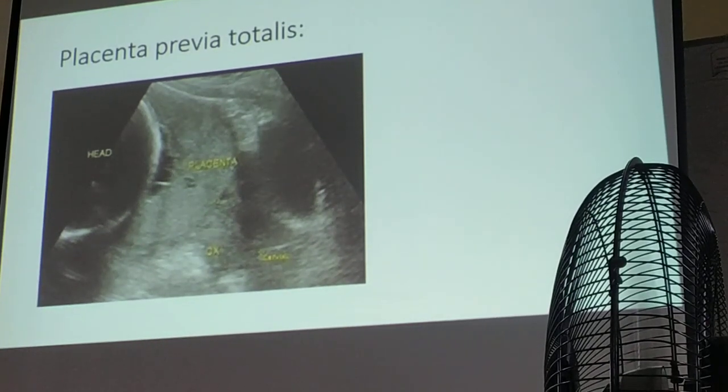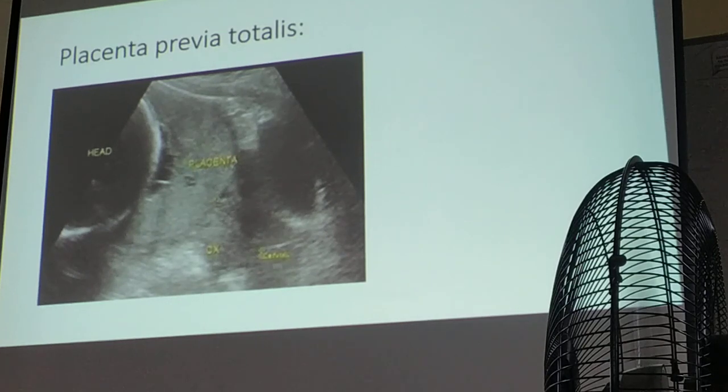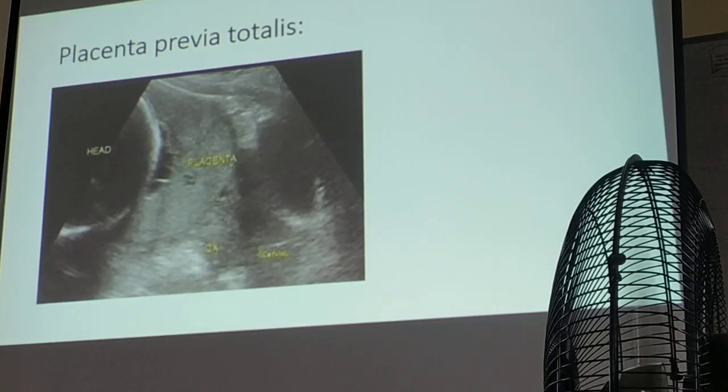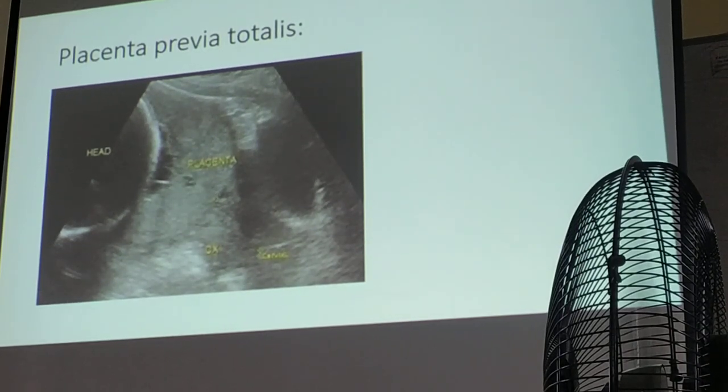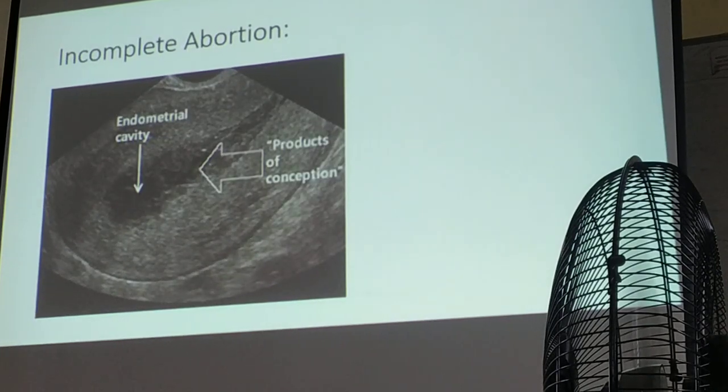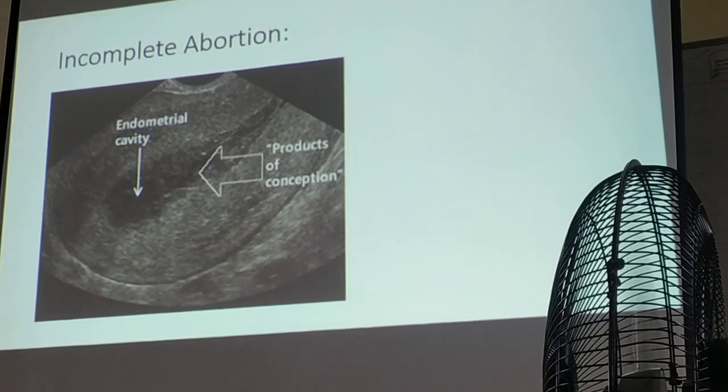So what would be the management? Yes? What? Cesarean. It's an absolute indication for a cesarean section. And then there's this one, incomplete abortion. This is very common, especially nowadays.